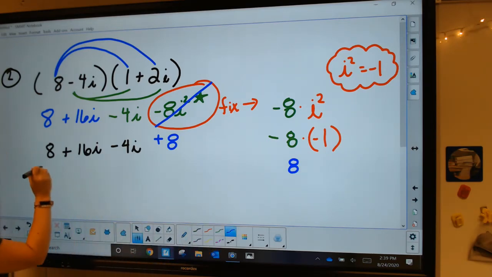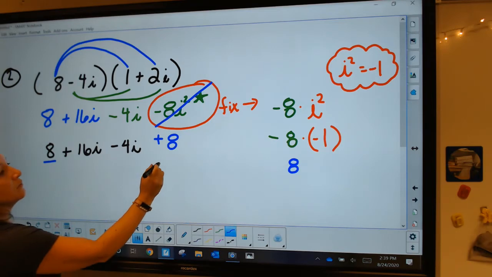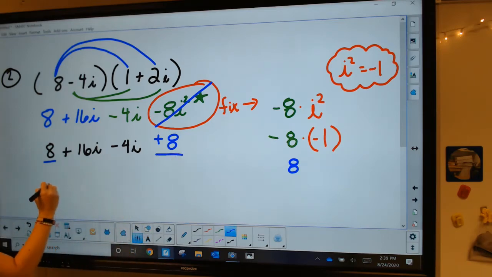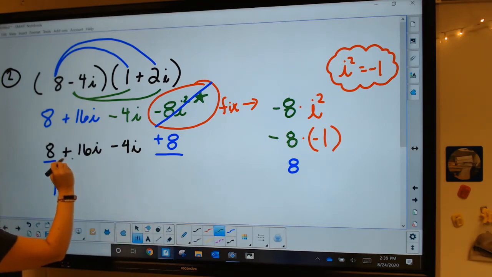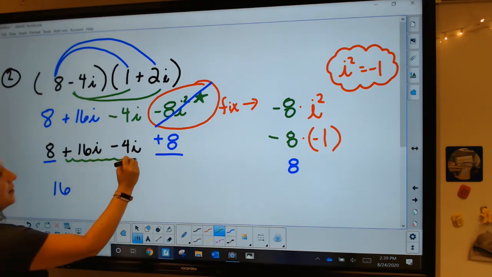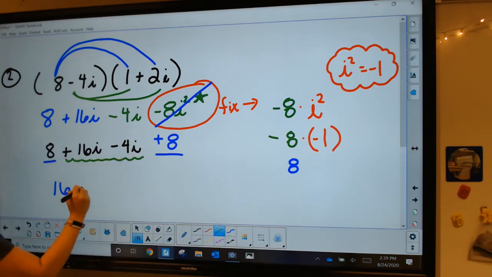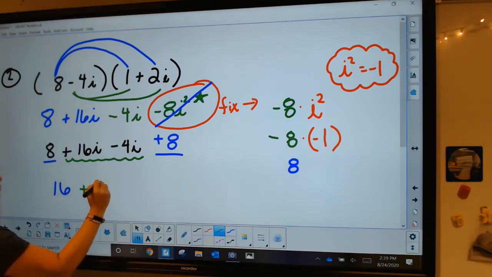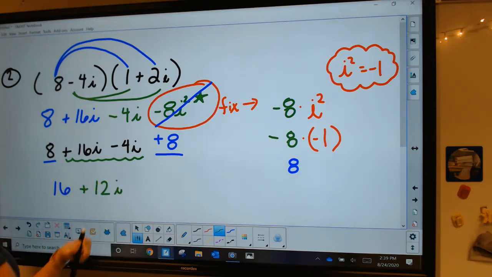So I can add 8 plus 8 is 16. And then in the middle here, I can combine 16i minus 4i is going to give me 12i. I'm going to do another example for you.